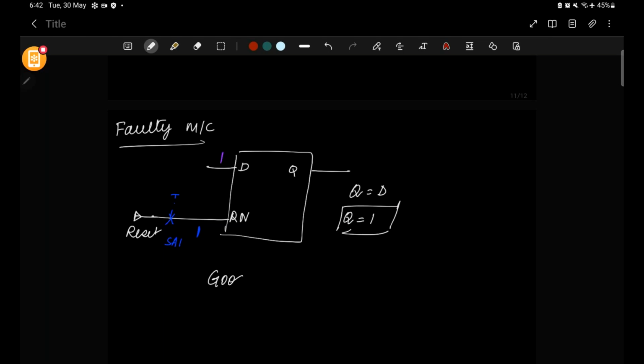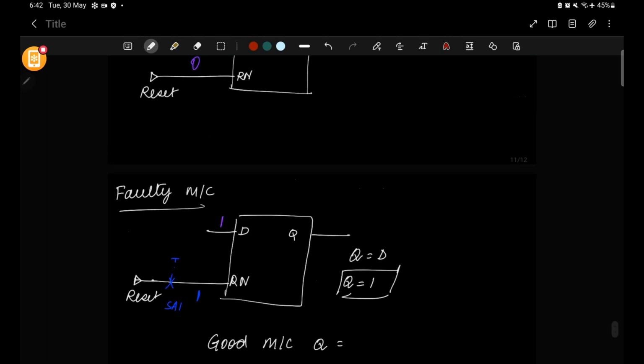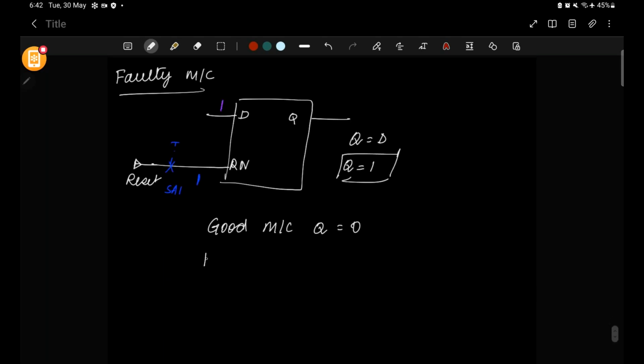The good machine output is 0 and the faulty machine output is 1.